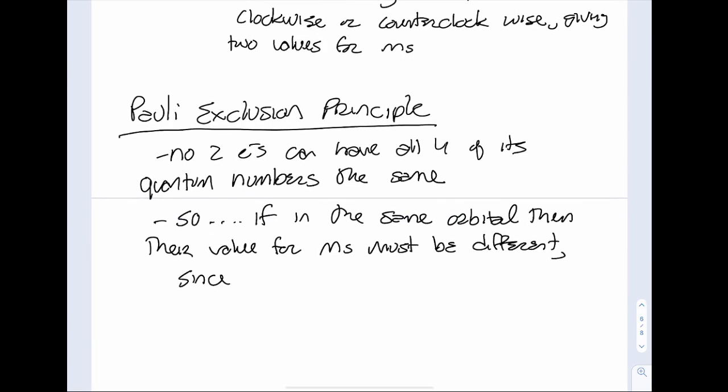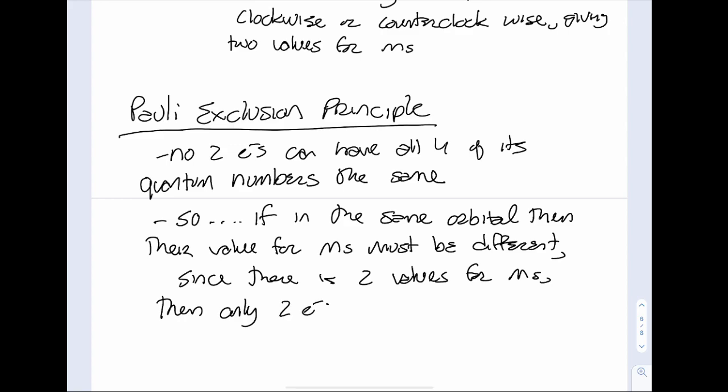Since there is 2 values for m sub s, then only 2 electrons maximum. We can have less, right? It can be empty or it can be half filled, but 2 electrons maximum per orbital.